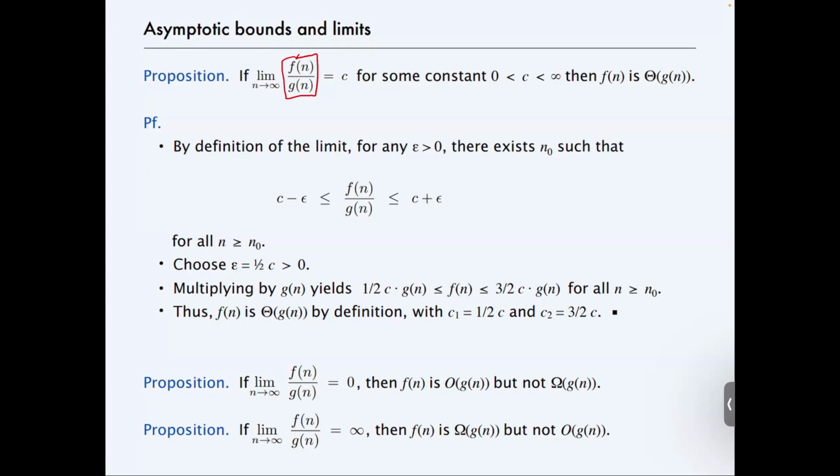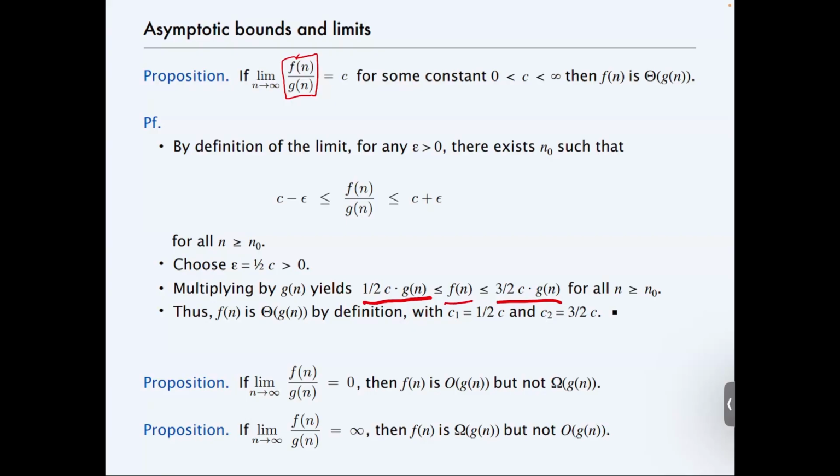What that gives us, if you multiply, is that 1/2 c times g of n is less than or equal to f of n, which is less than or equal to 3 halves c times g of n for all n greater than or equal to n naught.